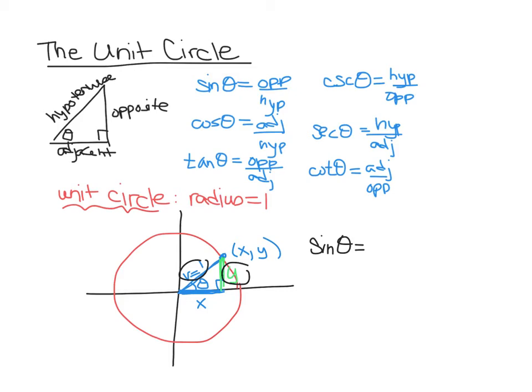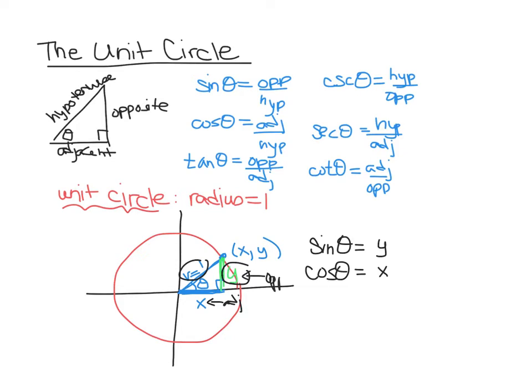So sine of theta is y over 1, which makes it just y. My cosine is my adjacent, my adjacent is my x, and divided by my hypotenuse, which is also 1. So cosine is going to be x.